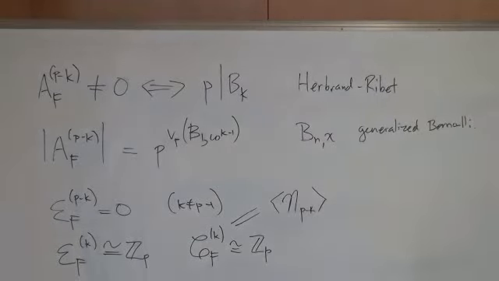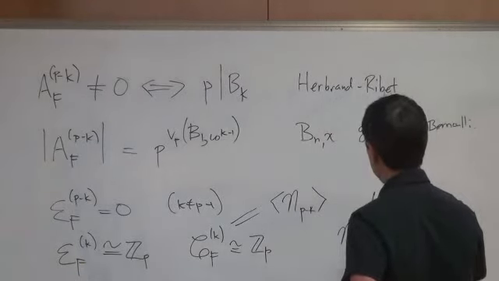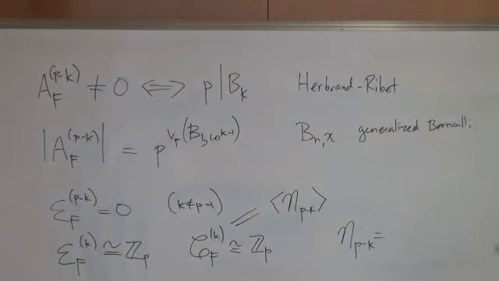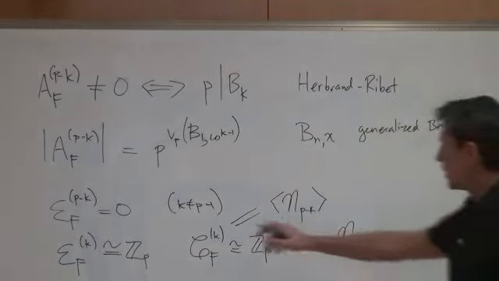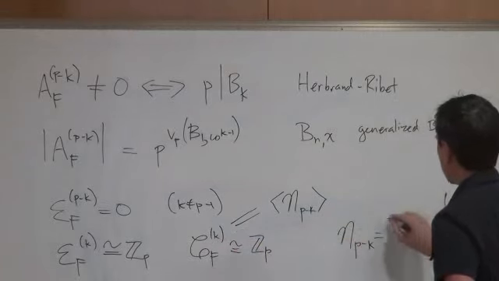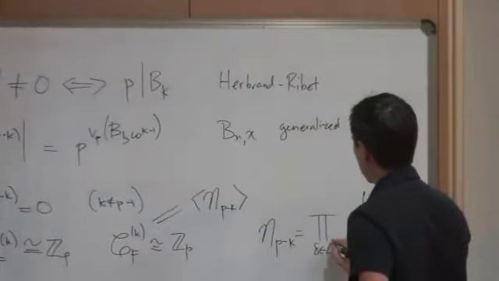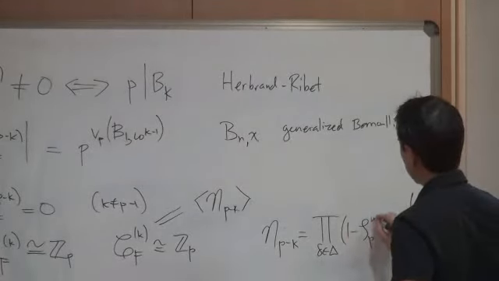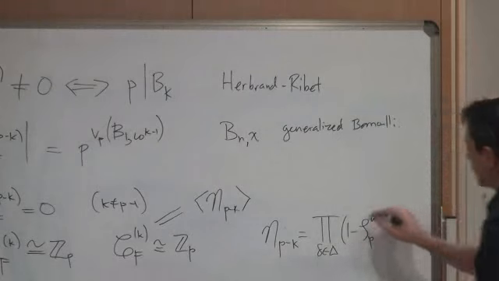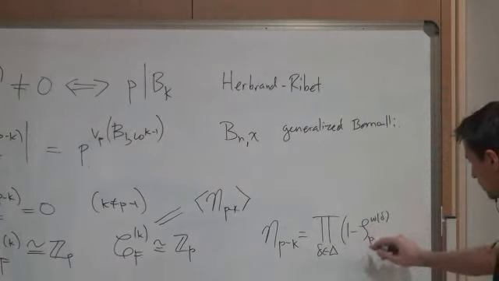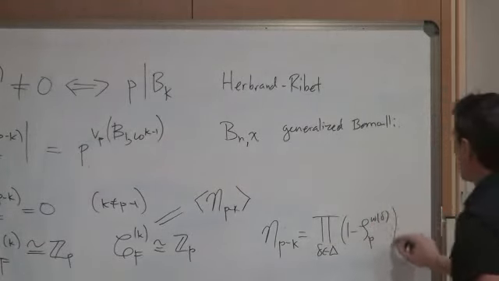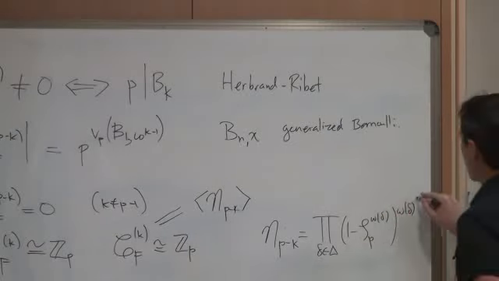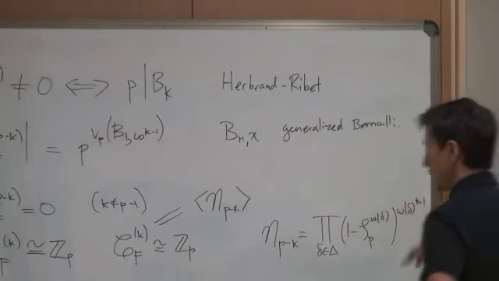So what is eta_{p-k}? It will be the projection of 1 minus zeta_p to the p minus 1 power to this eigenspace. How do I do that? I take the product over delta in Delta of (1 minus zeta_p^delta) to the omega(delta) power. Notice this is some p-adic number, but it makes sense to raise it to that power because I'm working mod p here. And it makes sense again to raise to a p-adic power on the outside because I've taken the pro-p completion, so I can raise to Z_p powers.